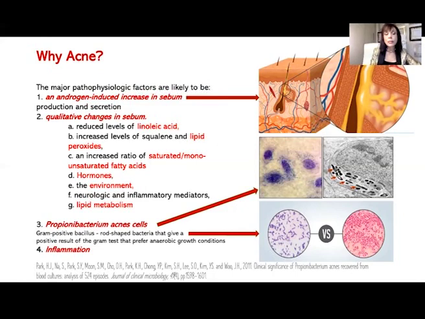Another aspect of this is the Propionibacterium acnes cells. These are gram-positive, rod-shaped bacilli that give a positive result on the gram test and prefer anaerobic growth conditions.